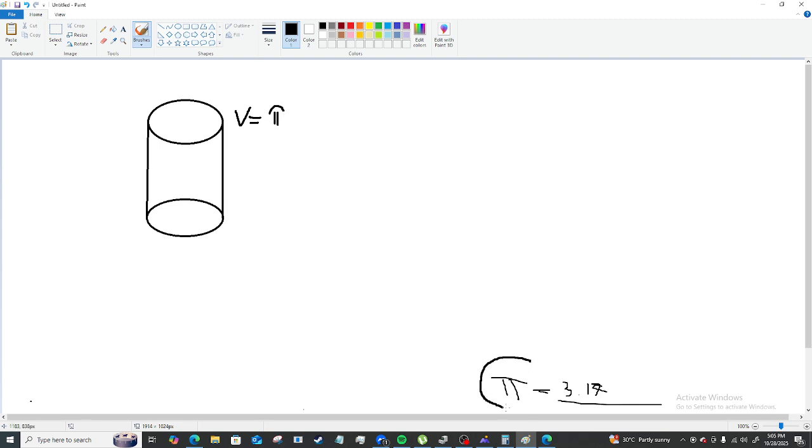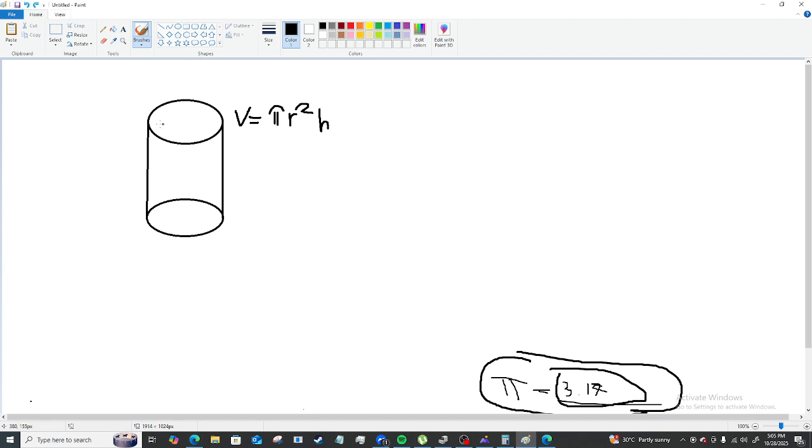This is pi over here, 3.14. This is all we need. Pi radius squared and height. This is the formula.